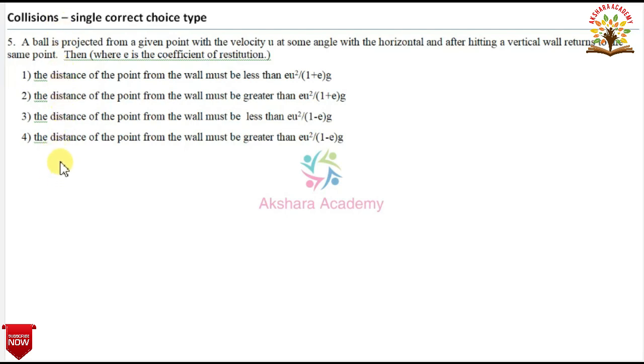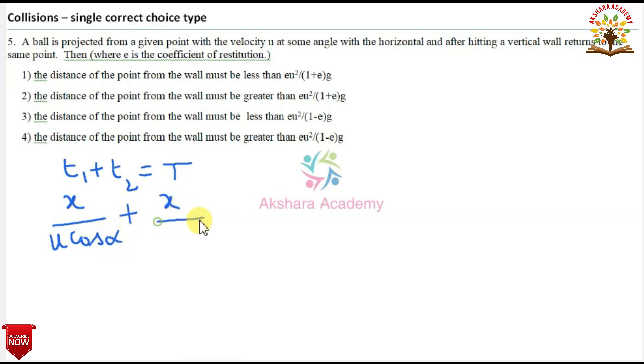Here T1 plus T2 is equal to capital T, time of ascent plus time of descent is equal to time of flight. T1 is x by u cos alpha. T2 is x by e u cos alpha, equal to time of flight 2u sin alpha by g.